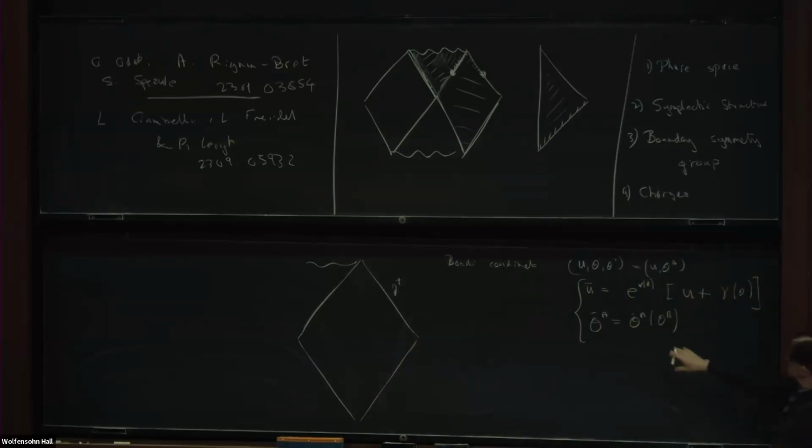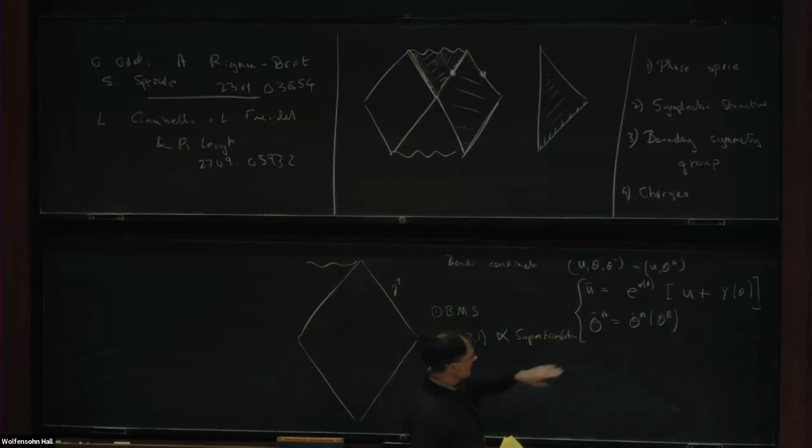So the angles get mapped into themselves, so just a diffeomorphism of the two-sphere. And then u, which is a parameter along the null generators, has this transformation that consists of a translation part and a rescaling part. So the different symmetry groups are the Bondi-Metzner-Sachs group from the 1960s, which we can summarize as the Lorentz group semi-direct product with supertranslations.